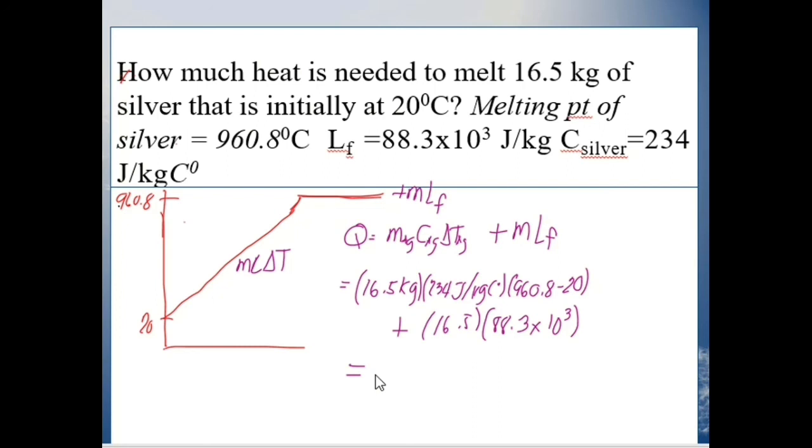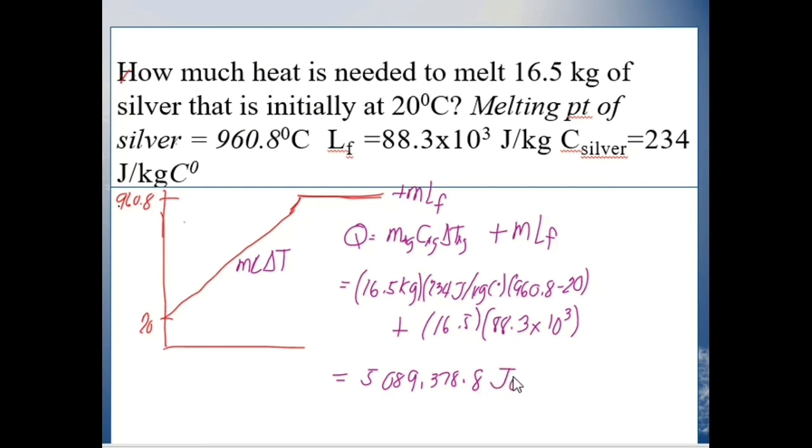Our answer is 5,089,378.8. So, another technique in using your calculator, when there is an exponent, you just use the EXP key. Okay, there is EXP or times 10 on your calculator. So, our final answer is 5,089,378.8.